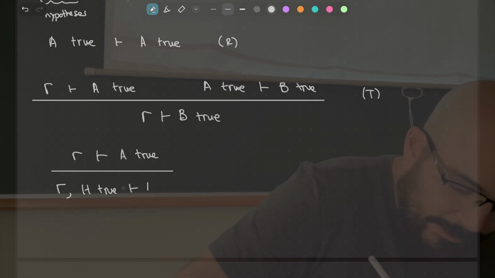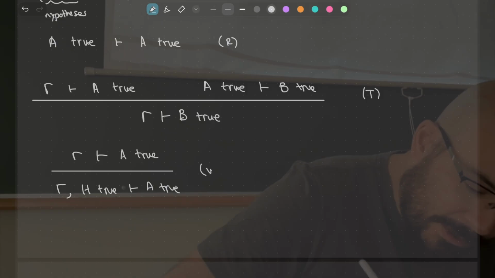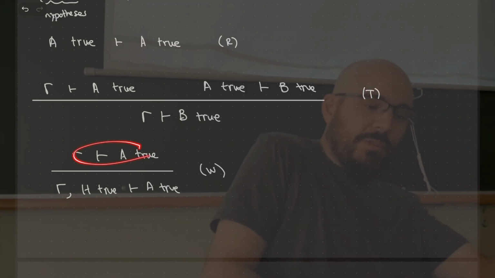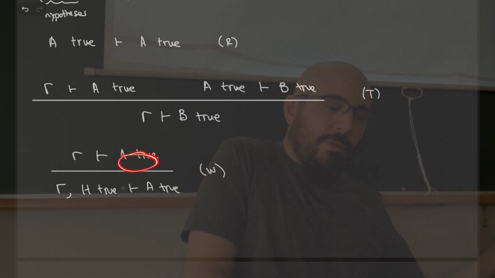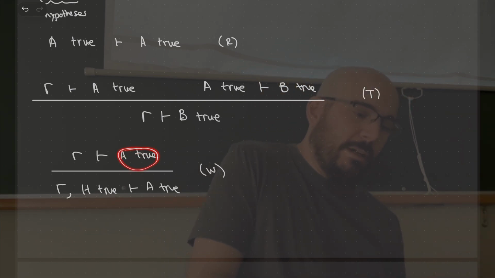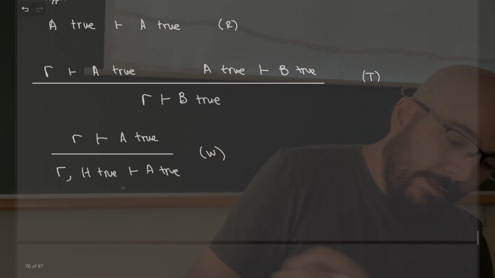I can still get A true. It's called weakening for obvious reasons, because if I have a proof of this, it is a stronger statement than that: here, the truth of A is guaranteed only from gamma, and there it has an extra hypothesis. It's a weaker statement. This is why it's called weakening.